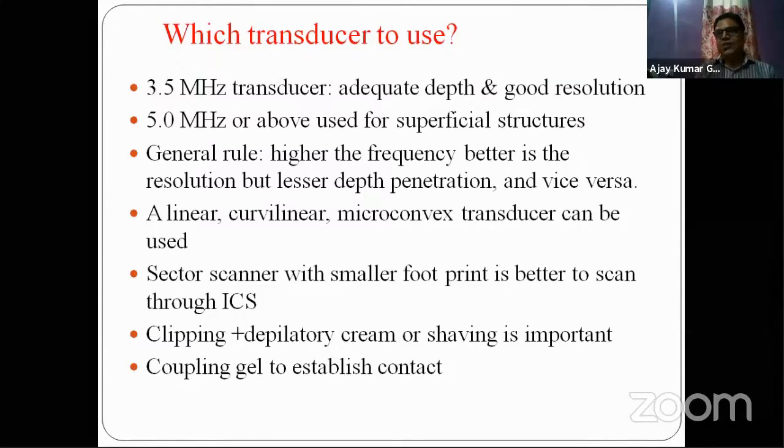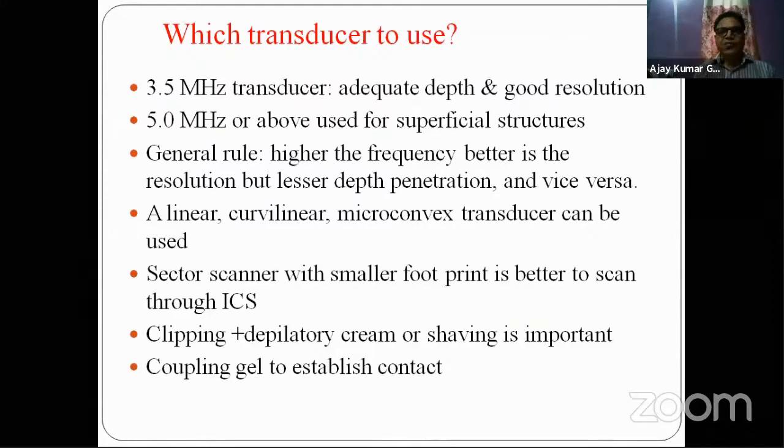decreases, and vice versa. That means if you are using higher frequency transducers, you will be able to scan superficial organs with better resolution. For scanning deeper organs, you require lesser frequency. However, the resolution is not as good as with higher frequency transducers.